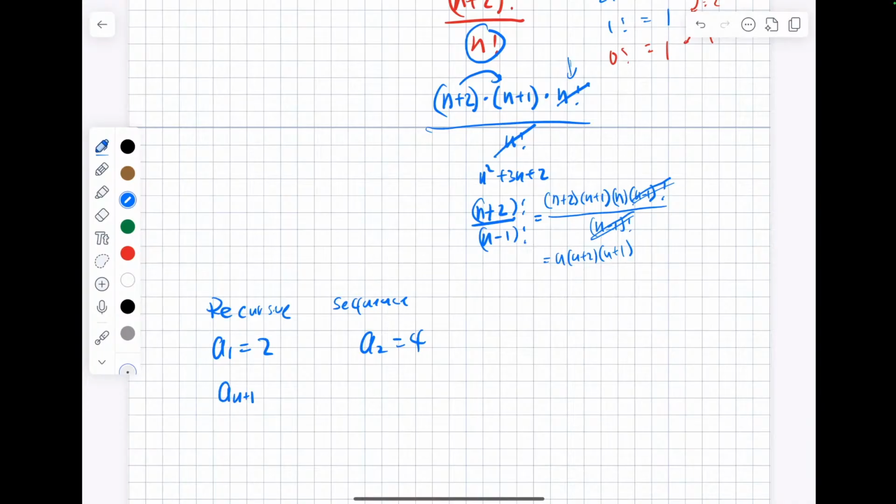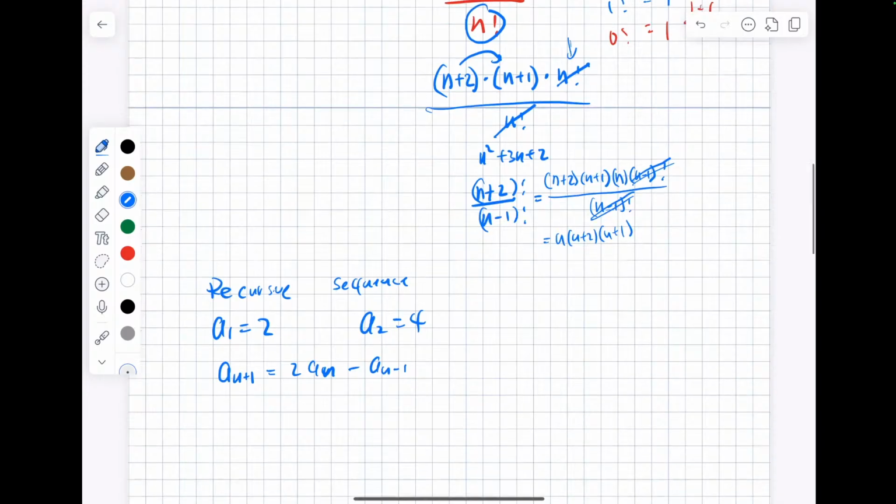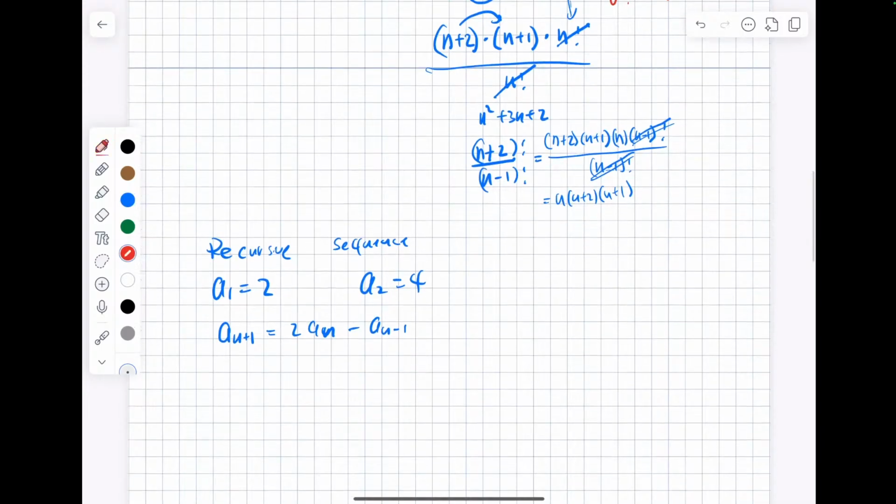And this is the instruction: a_{n+1} equals 2a_n minus a_{n-1}. And you're like, wait, what is this? So this actually tells you the directions. Now I'm going to figure out your next term. We already have A1, we already have A2, right? What do we want? We want A3.